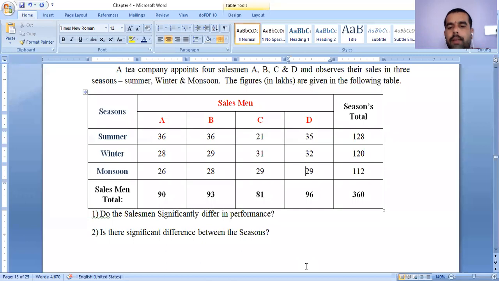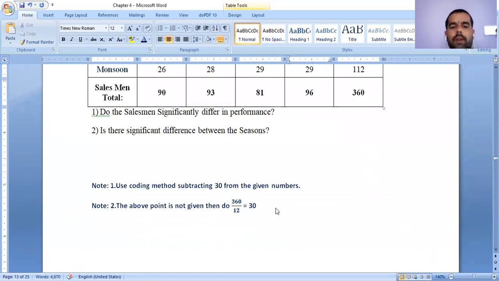After getting the grand total, simply do 360 divided by 12, then you will get 30. Sometimes instead of 30 you will get a fraction like 30.5. In this type of situation also you have to take only 30.